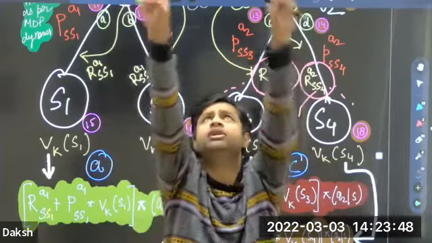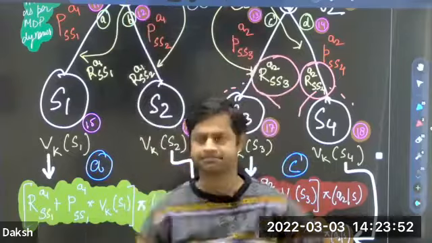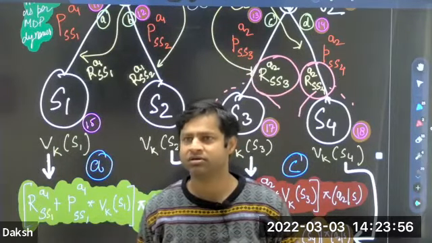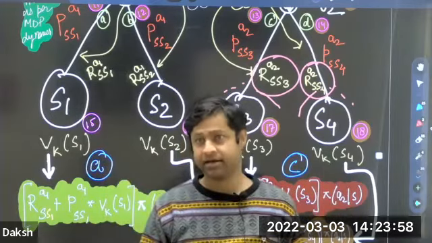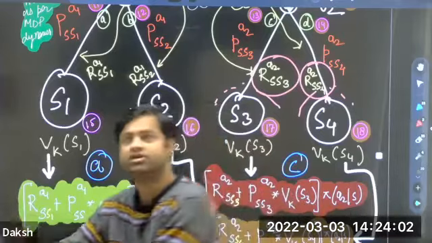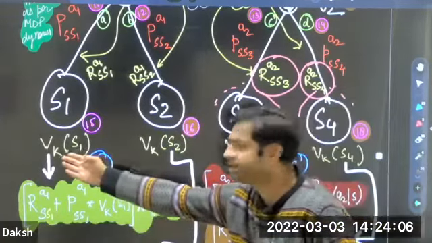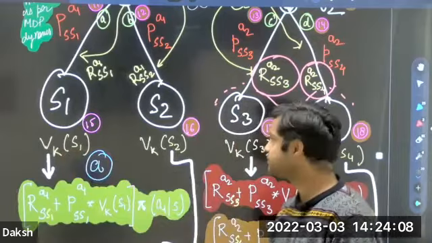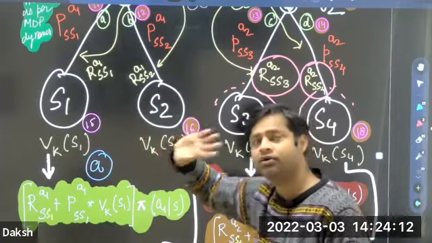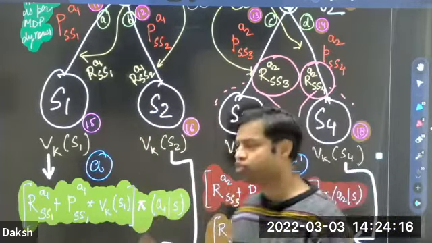I wanted to know the value of Vk plus 1 S. For that, I am going to use Vk, the kth iteration's value of S1, S2, S3, S4. This is Vk S1. For this, you will have Vk S2. And don't forget the meaning of Vk or V of S2.